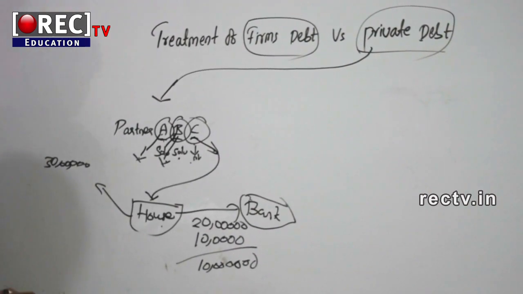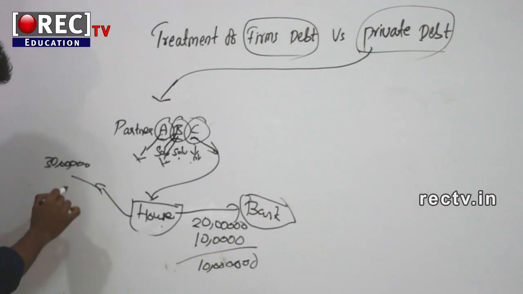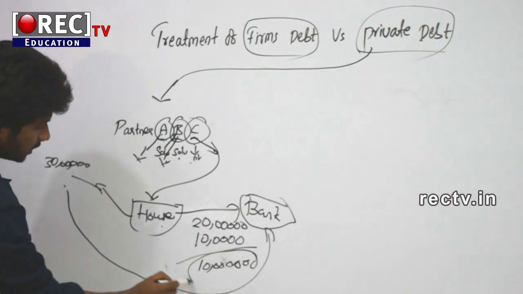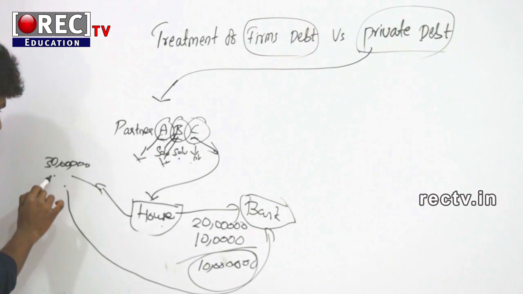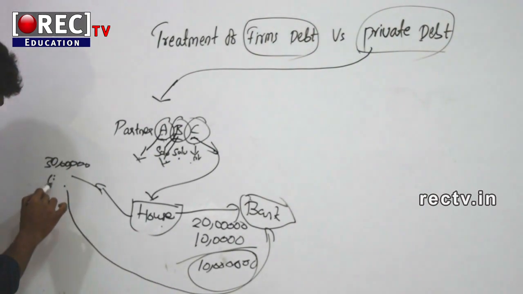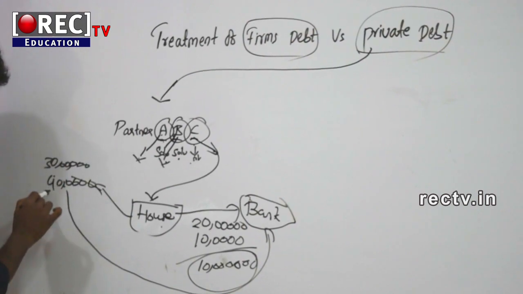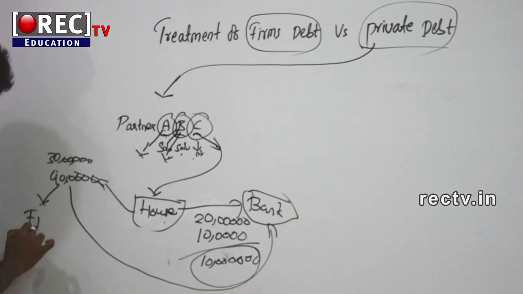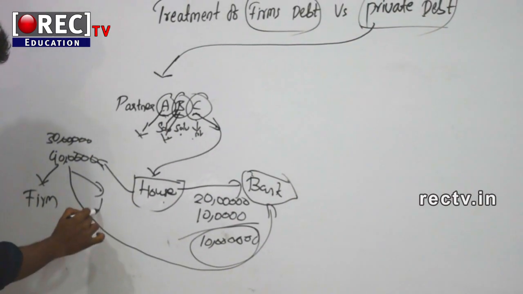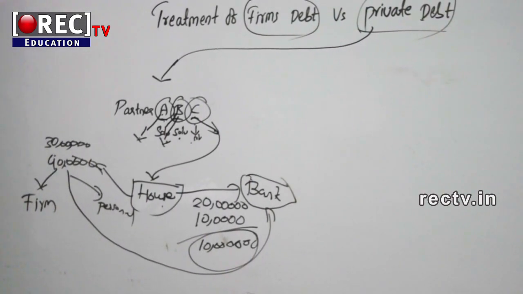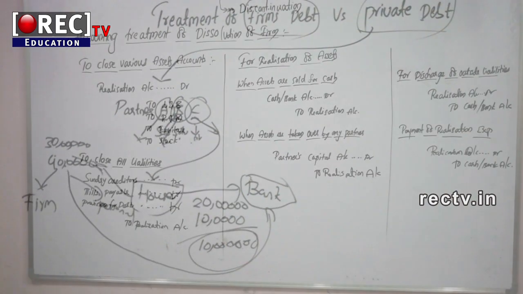After selling this house, he should first pay his debt to the bank, that is 10 lakhs rupees, from the 50 lakhs. After that, the 40 lakhs he may use personally, for the firm also and for personal use also. So this is the difference between firm's debt and private debt.